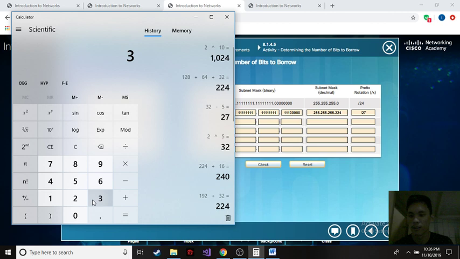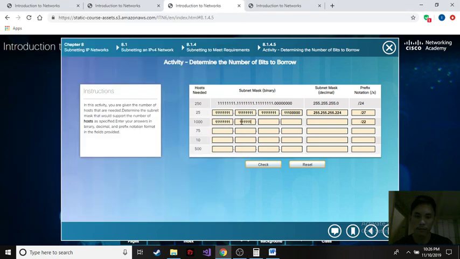22 ones. So 1, 2, 3, 4, 5, 6, 7, 8, 9, 10, 11, 12, 13, 14, 15, 16, 17, 18, 19, 20, 21, 22. Then we will stop there, and all of the remaining bits will be 0.